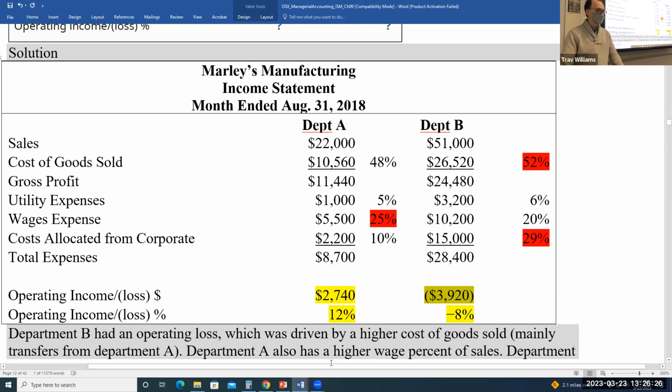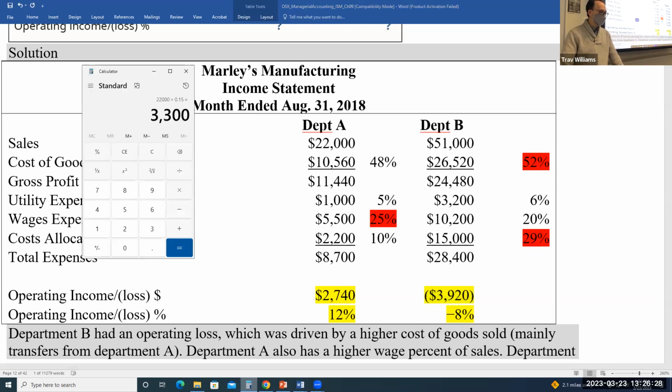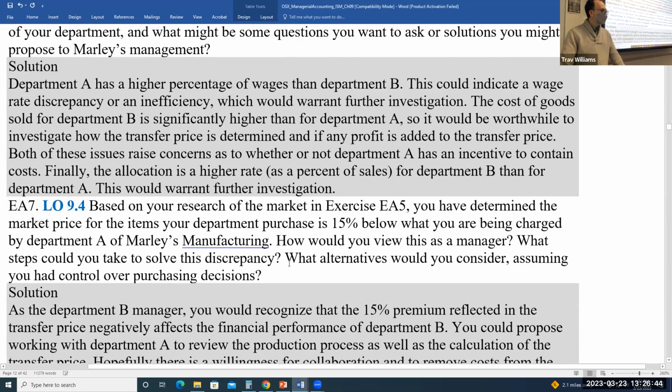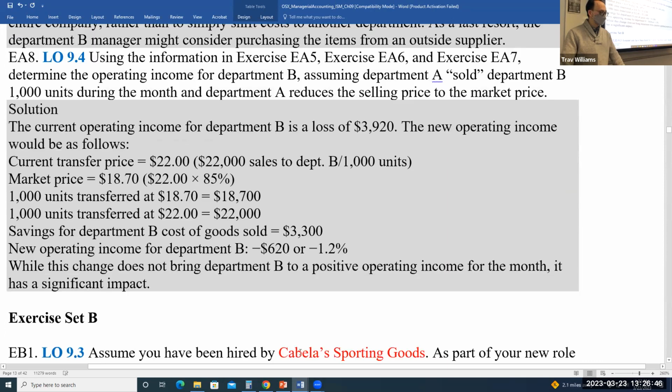Right, so before we were losing 3,920, but we're going to reduce that by 3,300. Like Ivan said, now we only lost $620. There are other ways you can calculate that, but that's the easiest way.